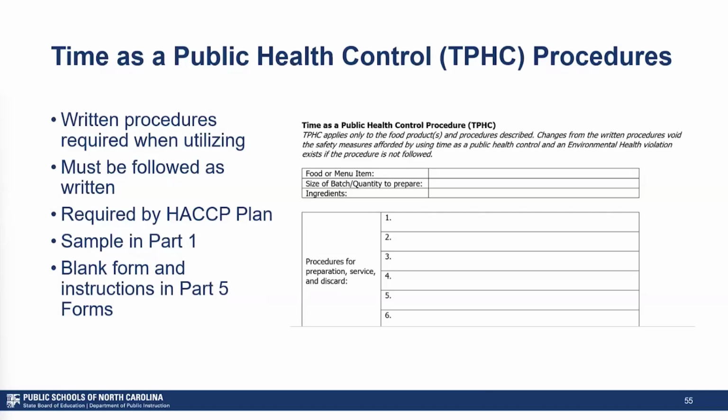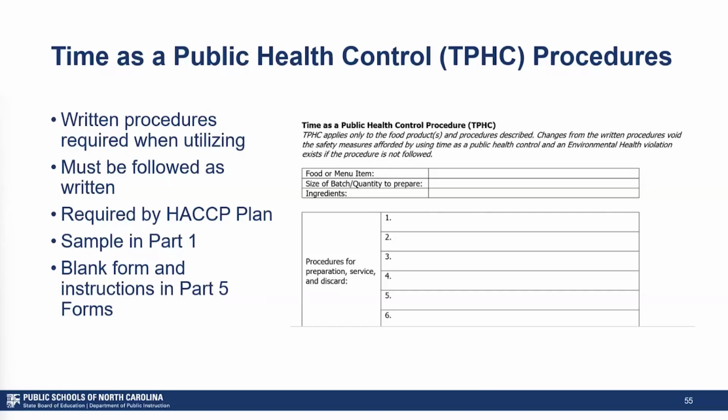It is critical that the TPHC procedures are followed as written. TPHC applies only to the food products and procedures described in the written procedure, and changes from those written procedures basically void the safety measures afforded by using TPHC in the first place. A recommended TPHC procedures form is included in the Part 5 forms section.